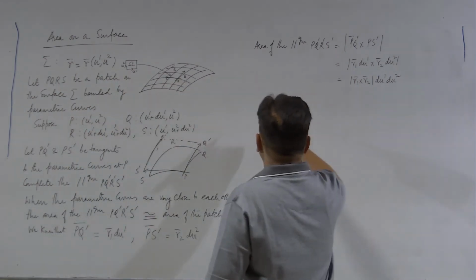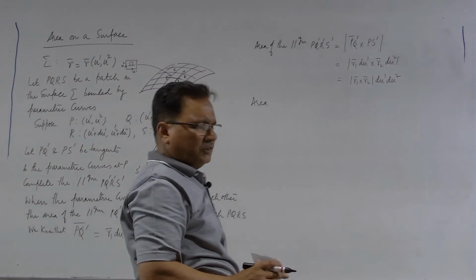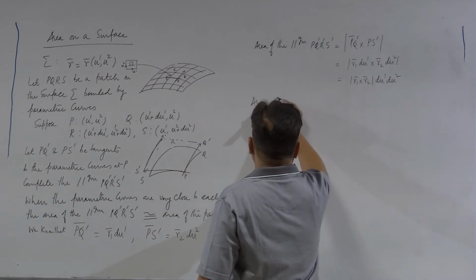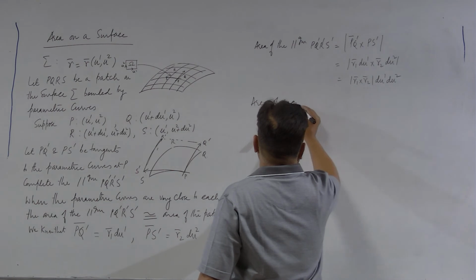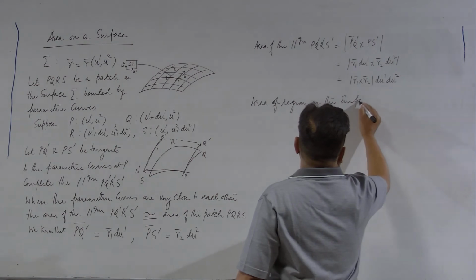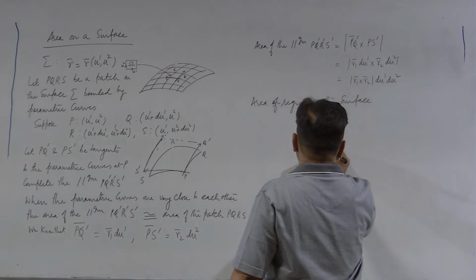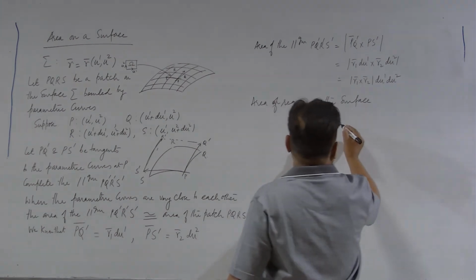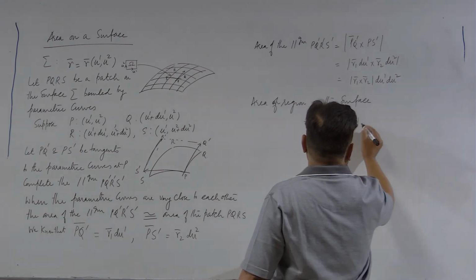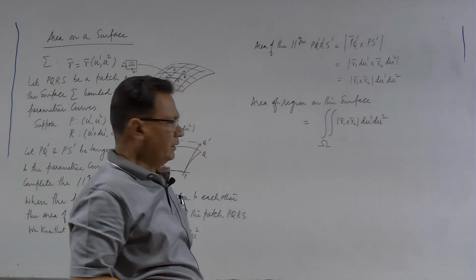So, the area of a region, because the surface may not be compact, the area of a region on the surface is equal to the double integral of modulus of r1 cross r2 du1 du2.